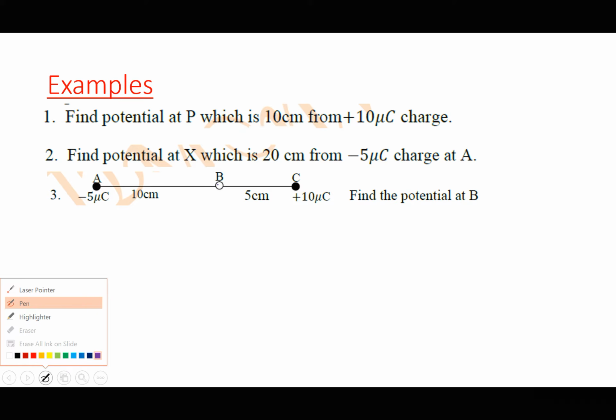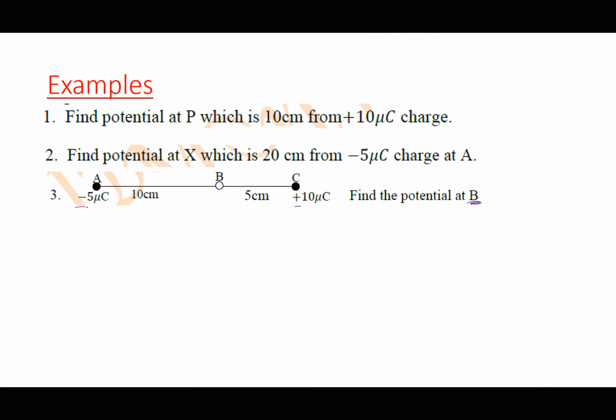Question number three, find the potential at point B. Note that the signs of the charge will not be used for predicting direction as we did with electric field strength and the force. The signs of the charge will dictate that the potential is either positive or negative.